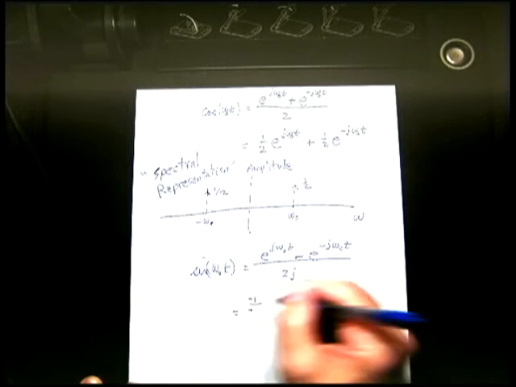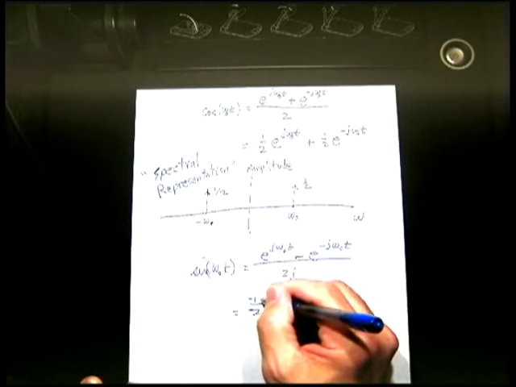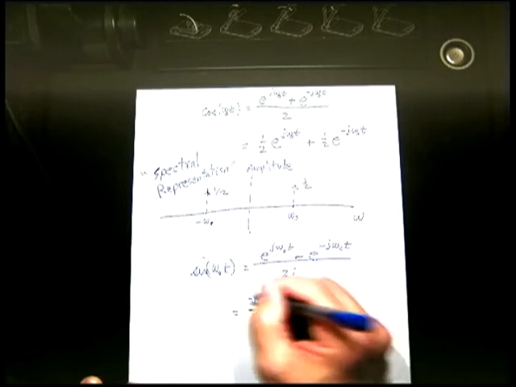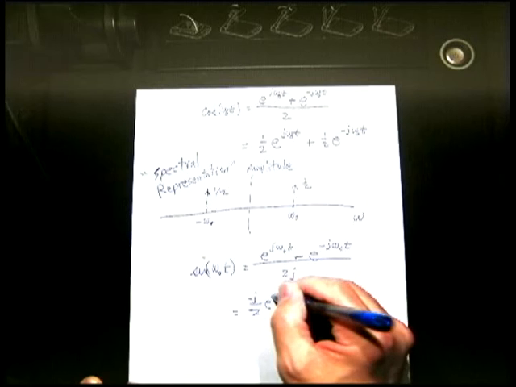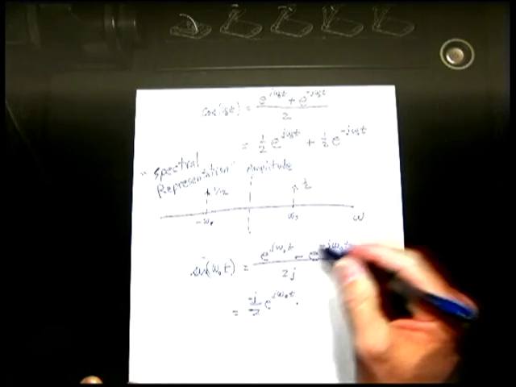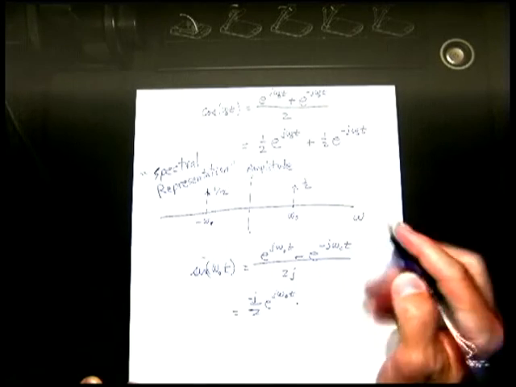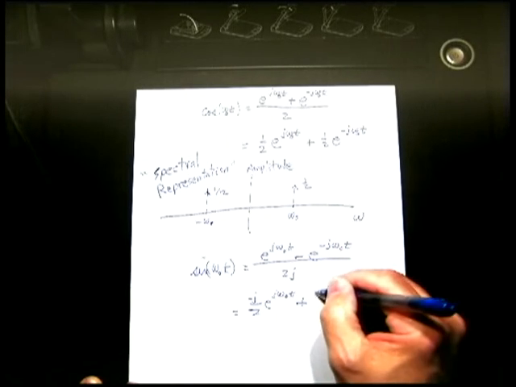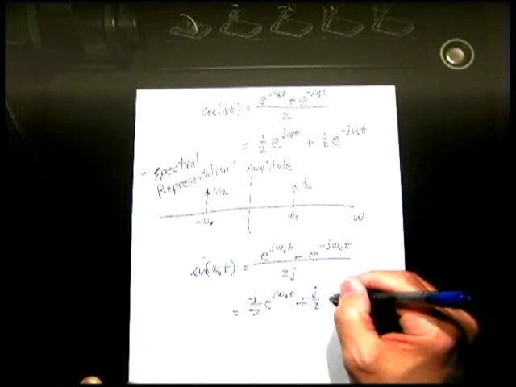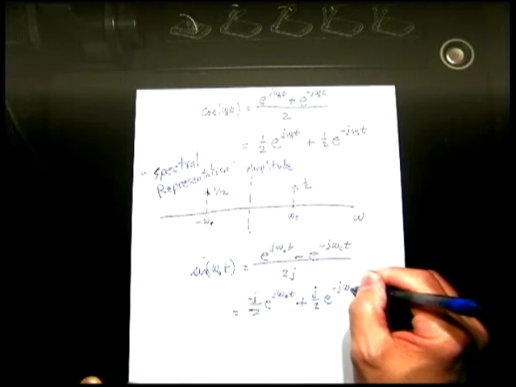So I can say it's amplitude minus j over 2 is probably the best way to say that, e to the j omega 0 t. And then the j is going to come upstairs and cancel this minus sign, so then it'll be a plus j over 2 e to the minus j omega 0 t.